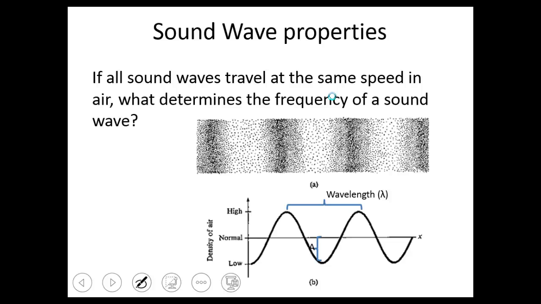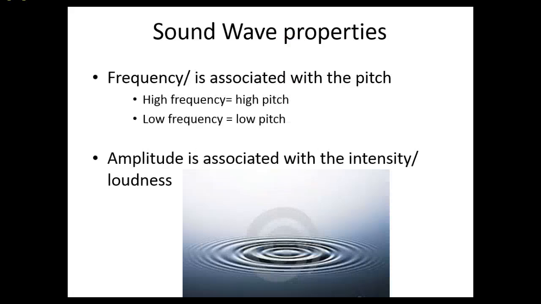So if all sound waves travel at the same speed in air, what determines the frequency of that sound wave? Remember, frequency is how many waves pass a given point in a second. In sound waves, frequency is actually associated with the pitch.